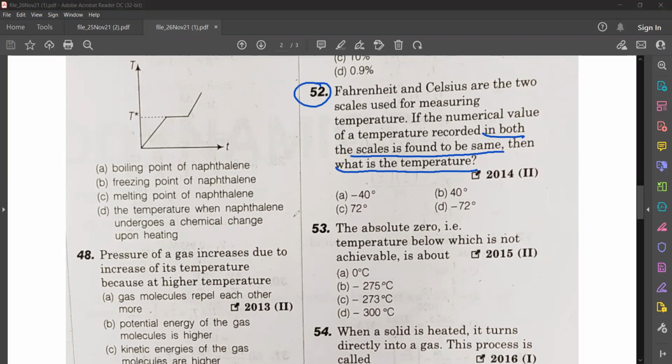If the numerical value of the temperature recorded in both the scales is found to be the same, then what is the temperature? Options: minus 40 degrees Celsius, 40 degrees Celsius, 72 degrees Celsius, minus 72 degrees Celsius. All of you please try and comment your answers.